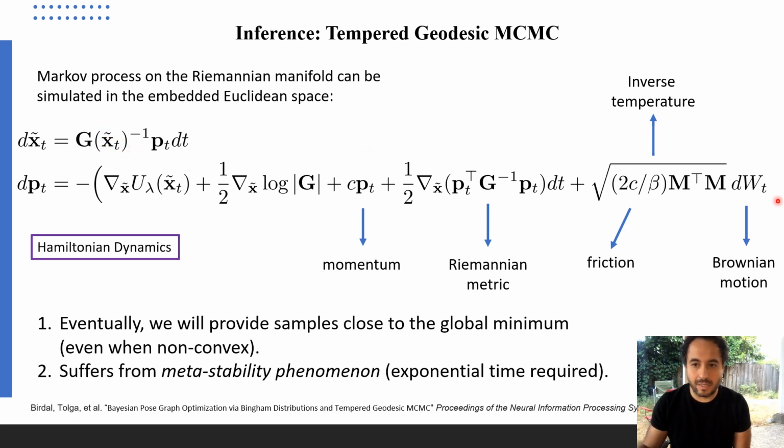Whereas if we start introducing the Brownian motion to the momentum, so to the gradients, we are now introducing some kind of randomness, and the algorithm starts to explore the posterior or the energy landscape, right? And this allows us to draw samples.